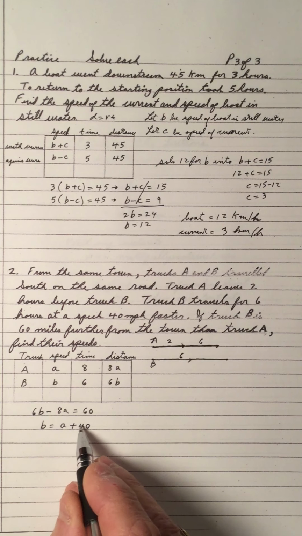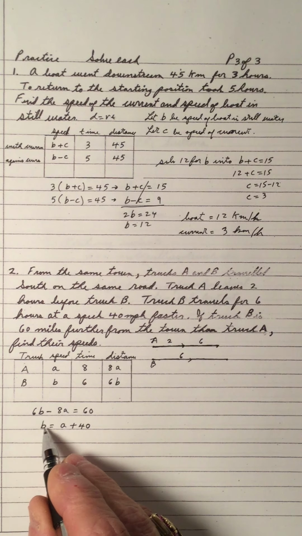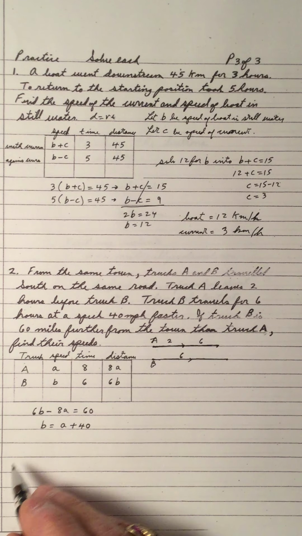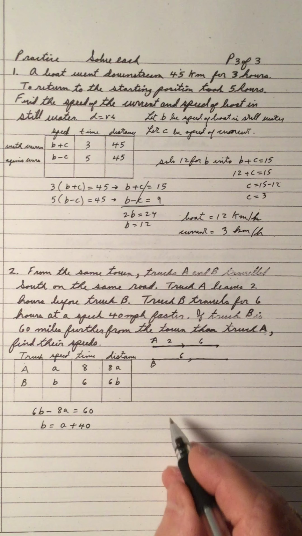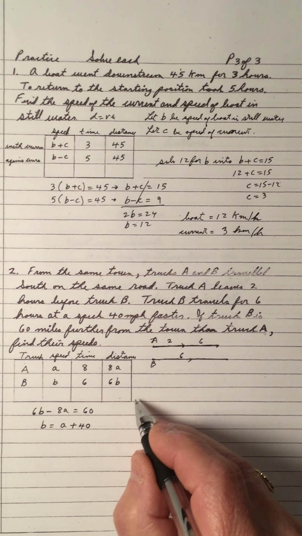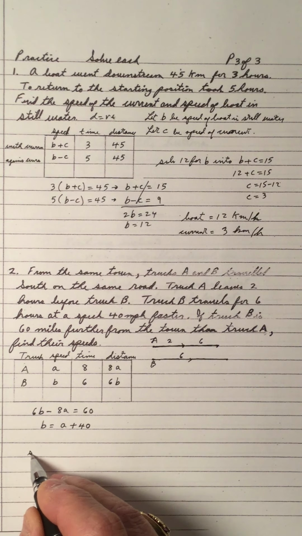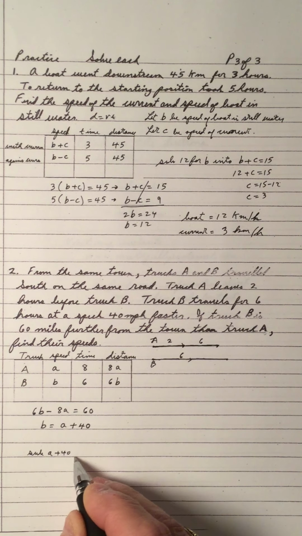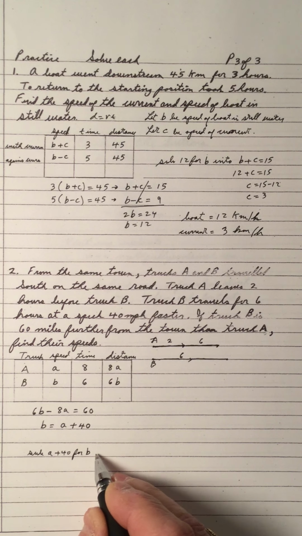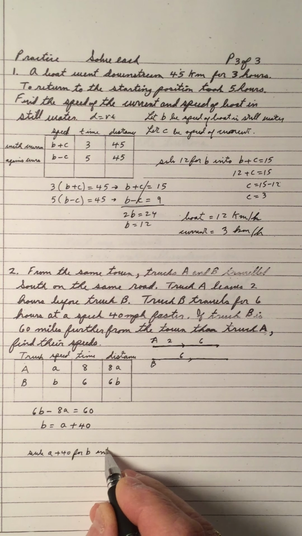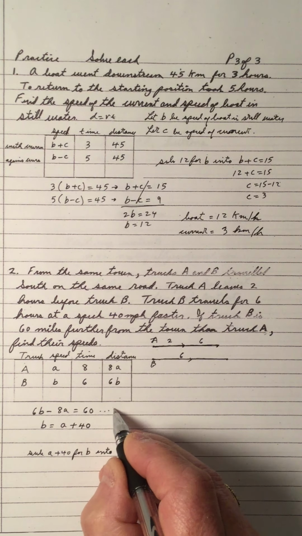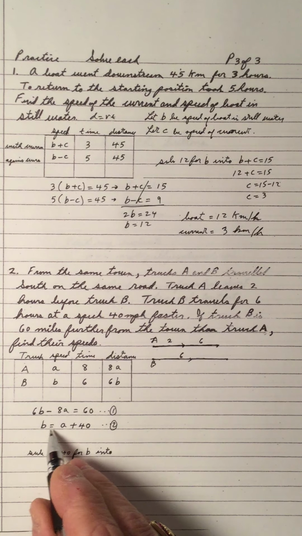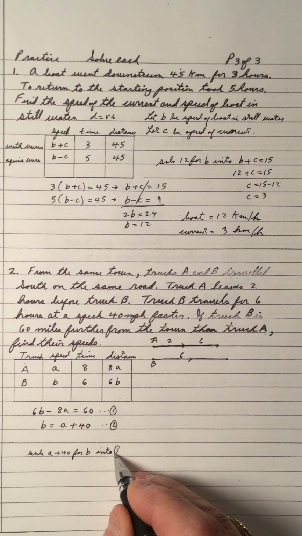I added 40 onto the speed of truck A to get truck B, because I'm going to do a substitution here. Let's call this one number 1 and this one number 2. I'm going to sub A plus 40 for B into number 1.